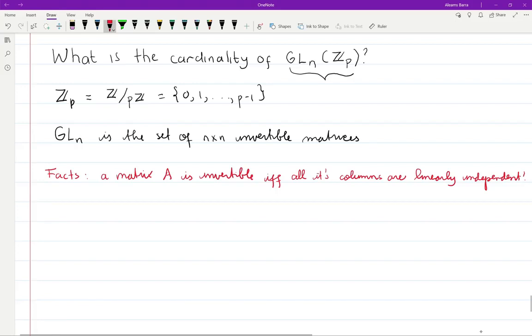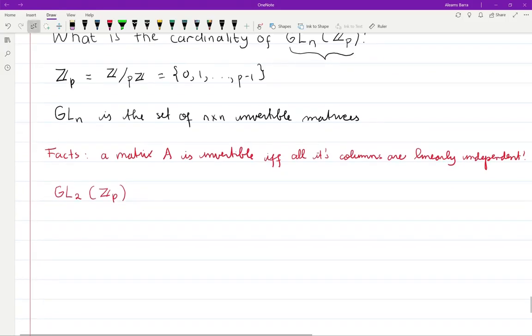Let's see, for example, GL2 ZP. Remember that we would like to have a 2 by 2 matrix so that the column vectors are linearly independent. So how can we choose two column vectors that are linearly independent?